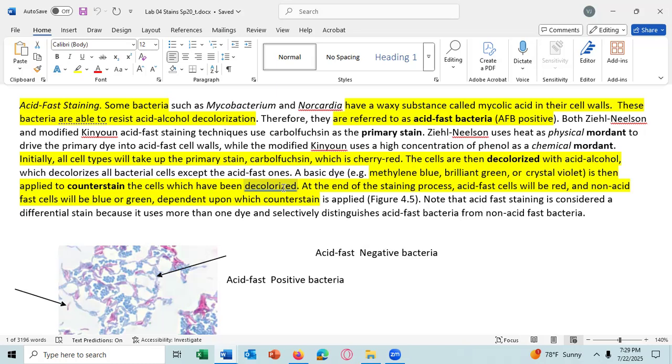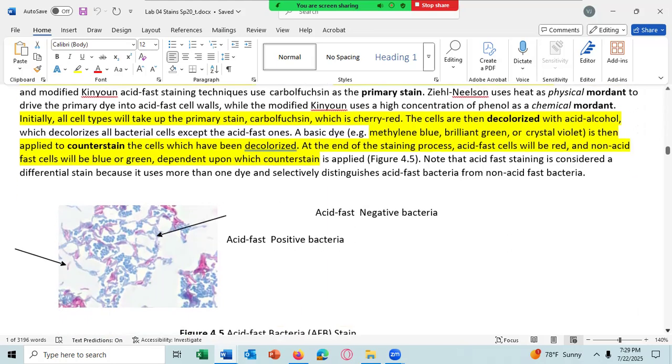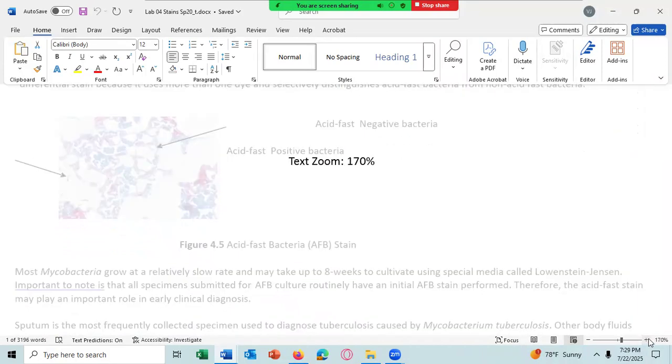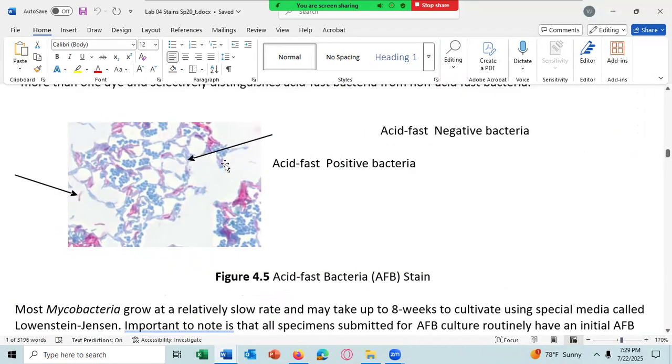You then counterstain the cells after they decolorize. The counterstain can be blue or green depending on which counterstain is applied. And then you look at the cells under the microscope. If you have pink or reddish cells, let me blow this up a little, then those are acid-fast positive cells, like there's one there.